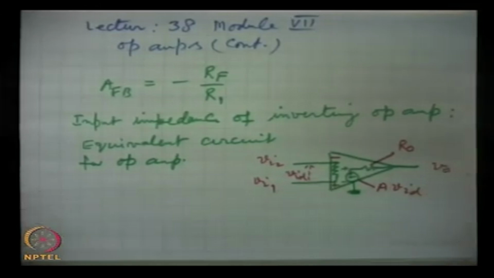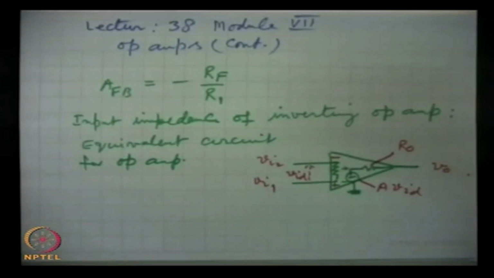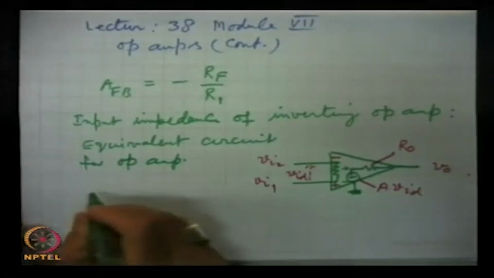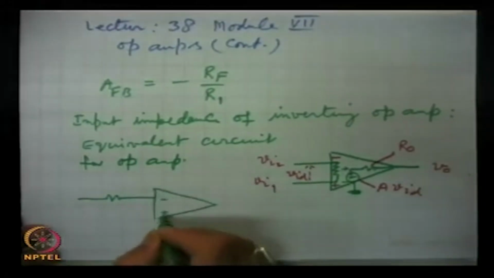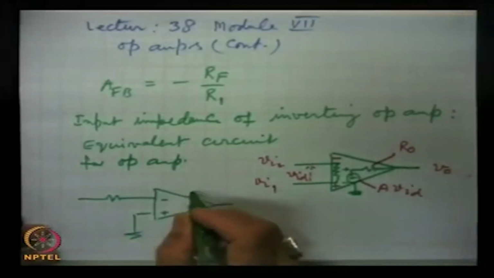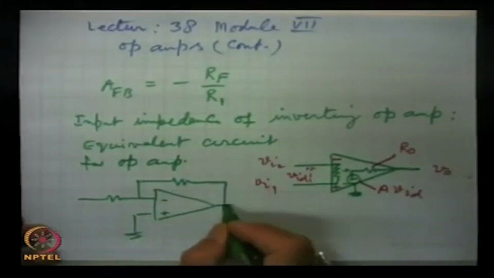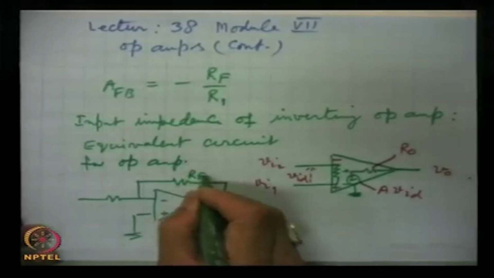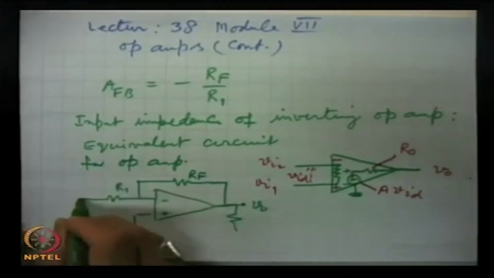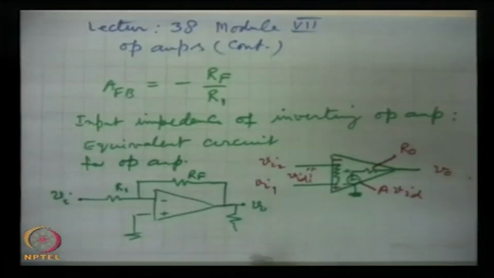So, this is the equivalent circuit, and we remember that the basic amplifier is this. This is RF, this is R1, and here is the input for the inverting amplifier.